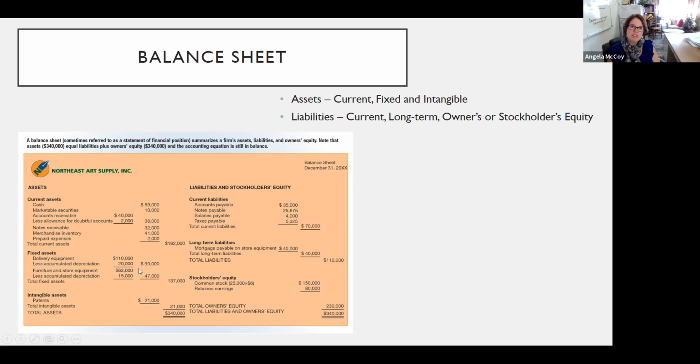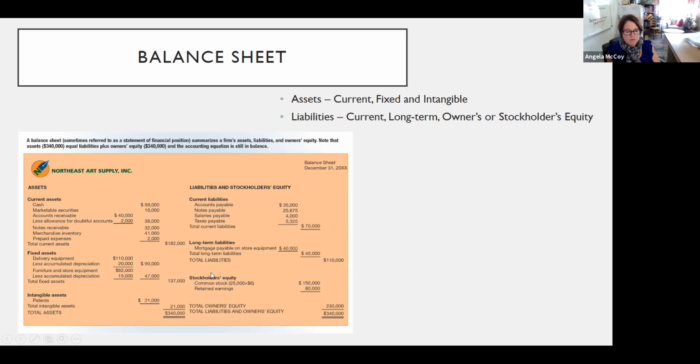Depreciation is the process of apportioning the cost of a fixed asset over its useful life. The depreciation amount allotted to each year is an expense for that year, and the value of the asset must be reduced by the amount of the depreciation expense. For Northeast Art, the fixed assets total $137,000. So there you have it right there.